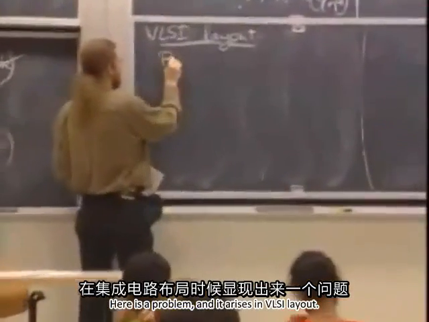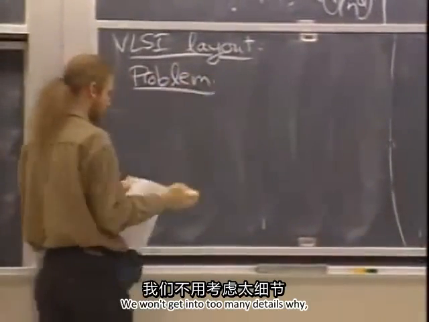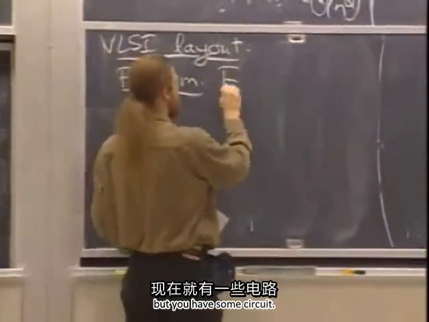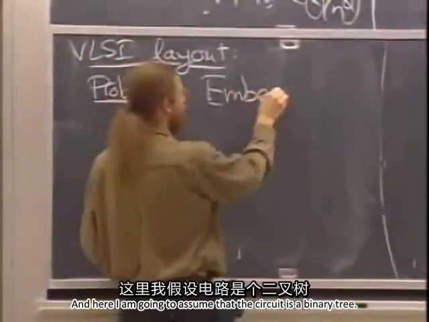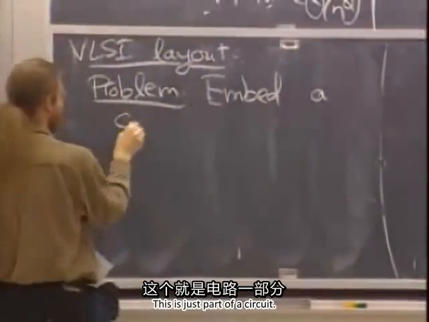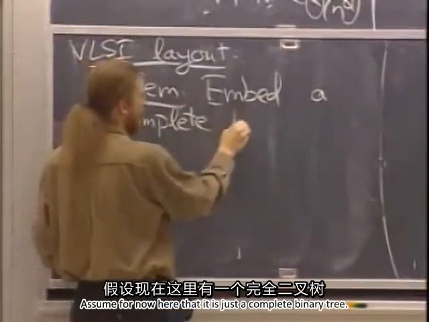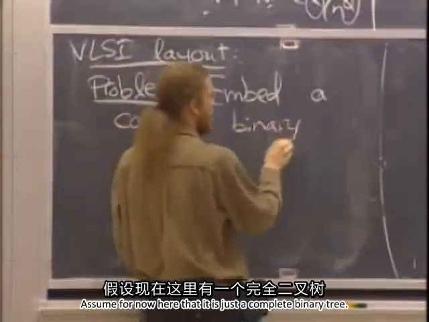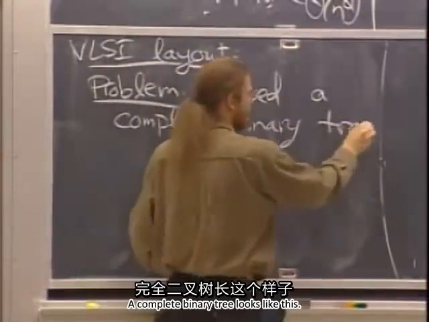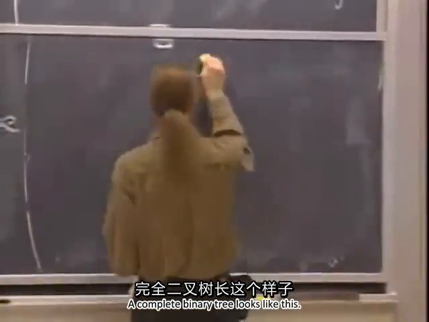So here's a problem, and it arises in VLSI layout. I won't get into too many details why, but you have some circuit, and here I'm going to assume that the circuit is a binary tree. This is just part of a circuit. Assume for now that it's just a complete binary tree.